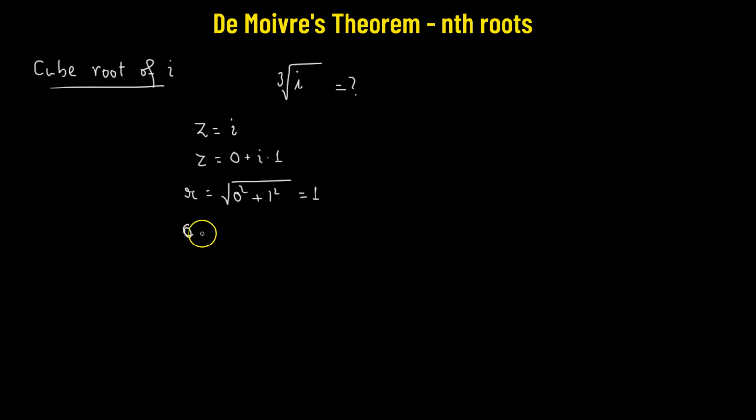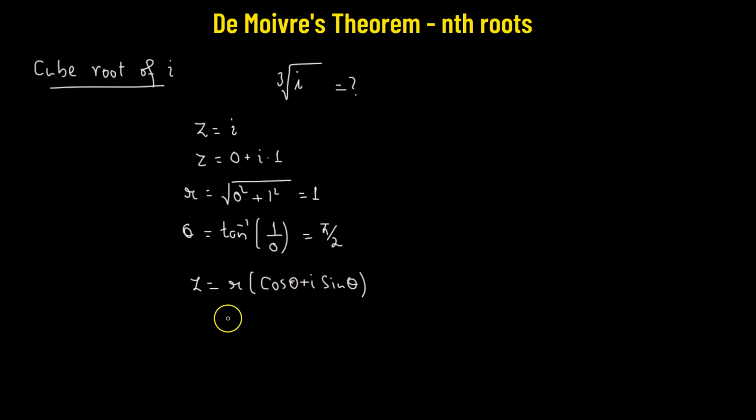Then the argument of the complex number will be inverse tangent of the imaginary part divided by the real part. And this is going to give us a value pi over 2. So that means in our polar form, which is given by r of cosine of theta plus iota times sine theta, this will be equals to 1 multiplied to cosine of pi over 2 plus iota times sine of pi over 2.